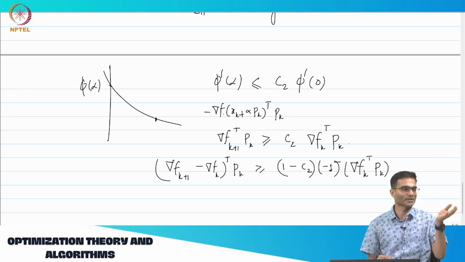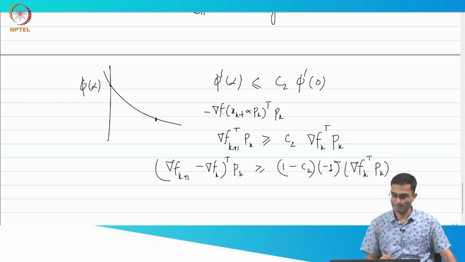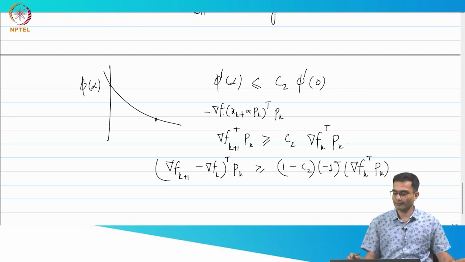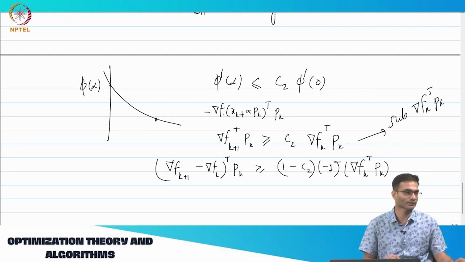It should be c2 minus 1, I am writing it as 1 minus c2 into minus 1. Is this okay with everyone? We just subtracted grad fk transpose pk from both sides.